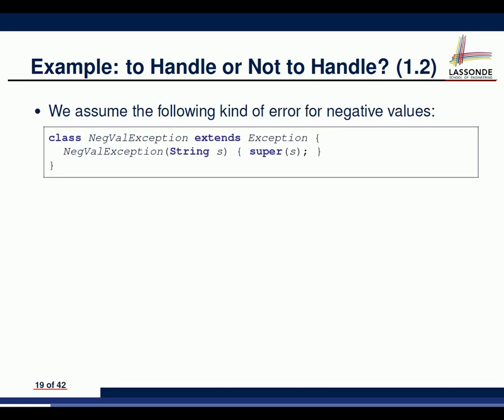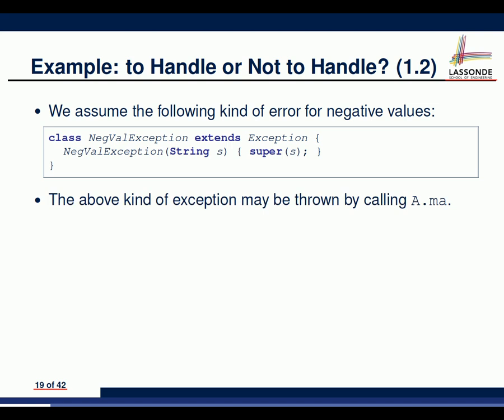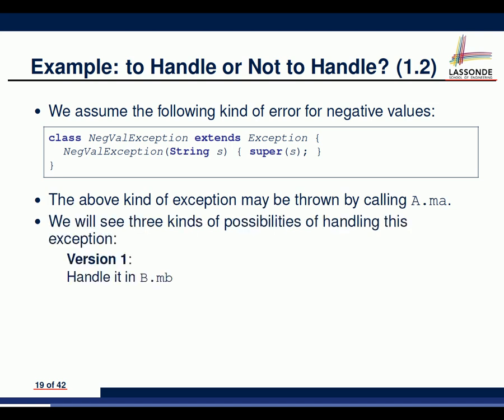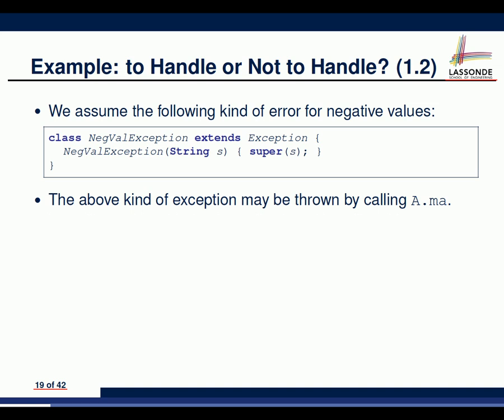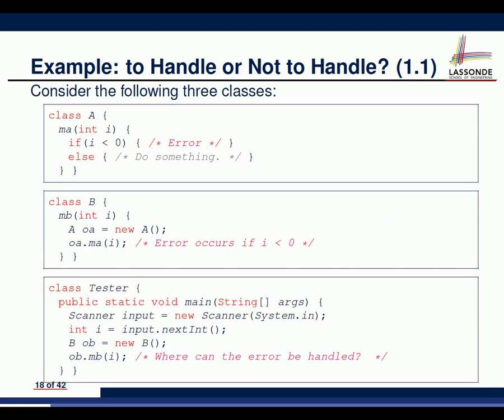Now let's see the different versions. Version number 1, we want to handle that in class B, which means we want to handle the exception right here, which means we want to do try and catch over here, where we call MA. Version 2, we simply say MB throws that particular exception.